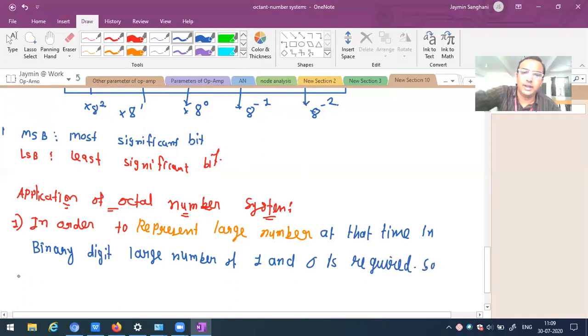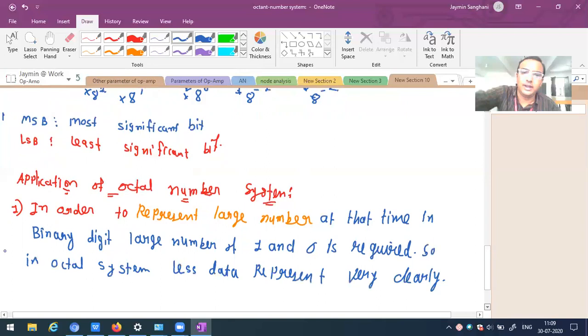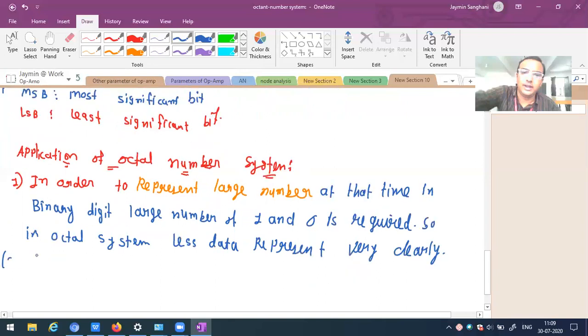So in the octal system, less data can be represented very clearly.